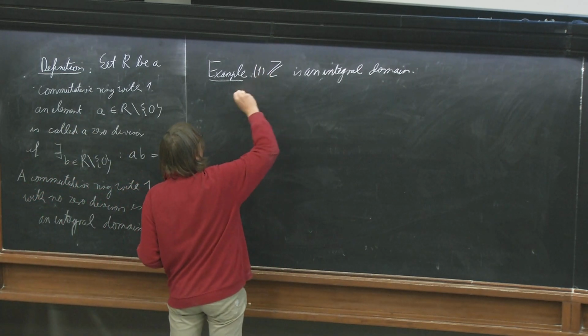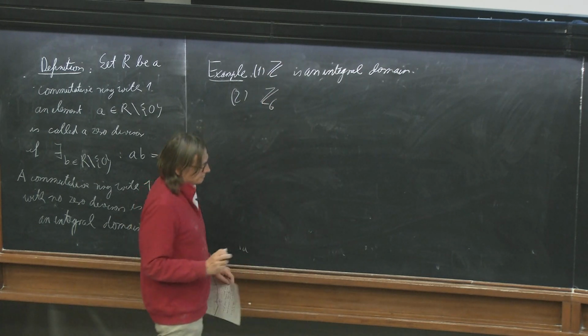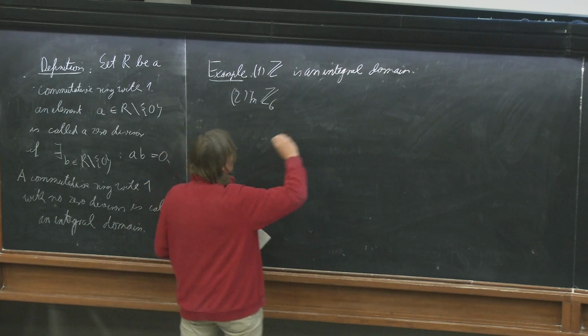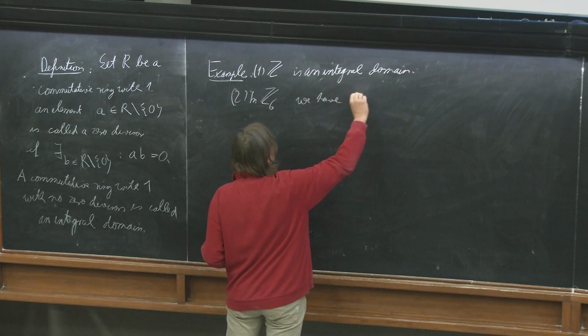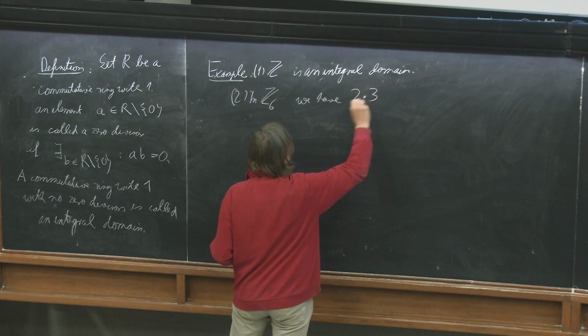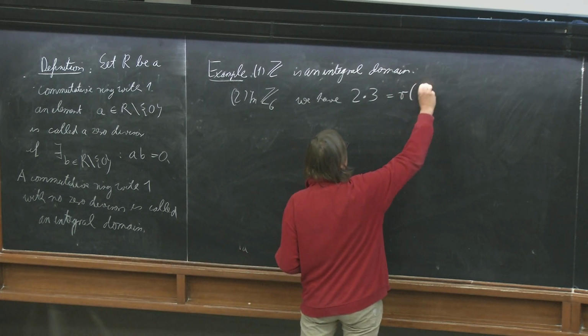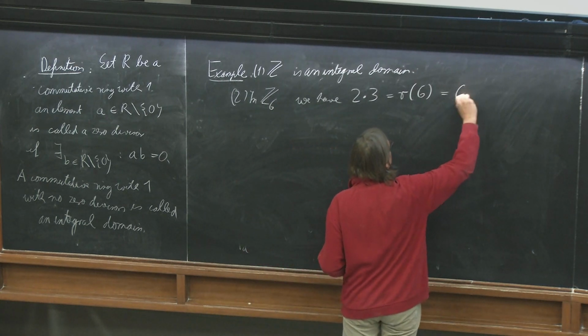On the other hand, we can look, say, at Z6. So if we take, for instance, 2 times 3, this is the remainder of 6 upon dividing by 6, so this is 0.